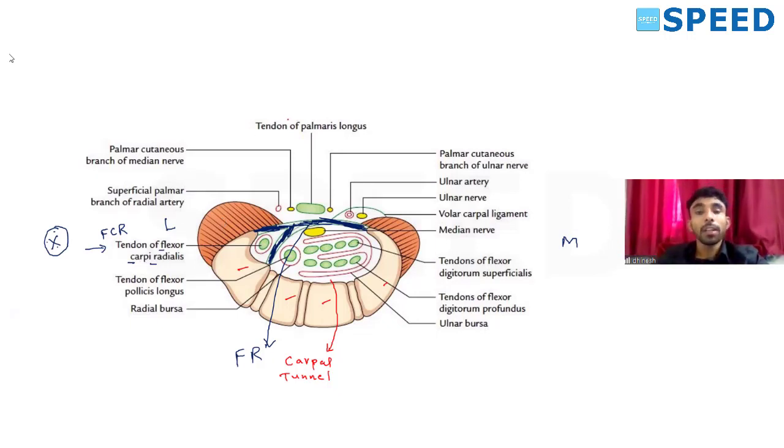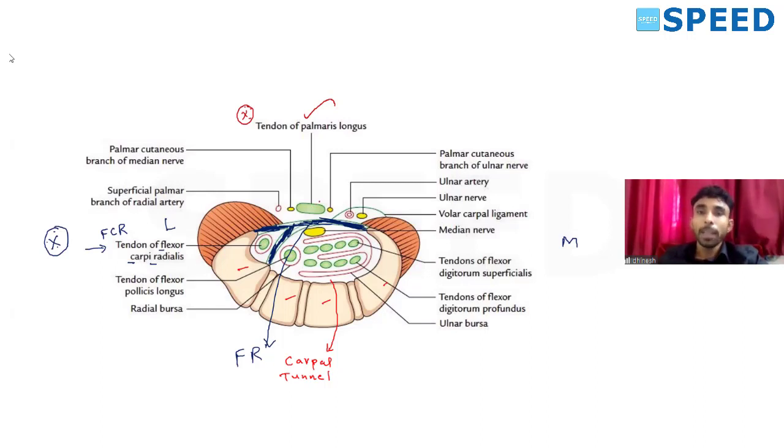So what are the structures passing superficial to the flexor retinaculum? As we see here, the only tendon passing superficial to the flexor retinaculum is palmaris longus tendon. Palmaris longus tendon passes superficial to the flexor retinaculum.